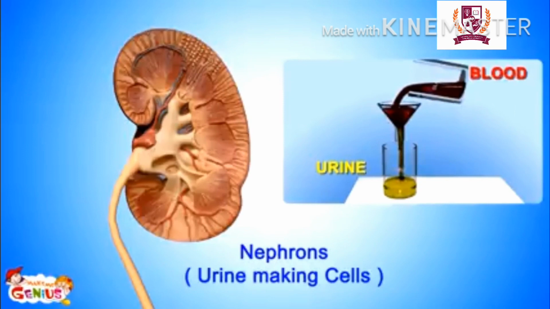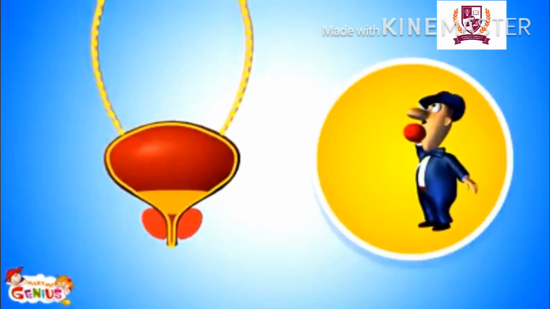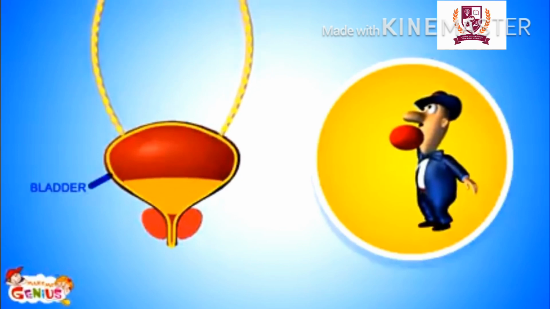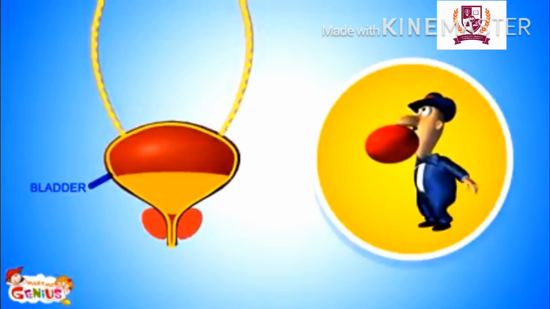The urine, thus formed from each nephron, collectively enters the ureter from the kidney. The ureter leads to a balloon-like structure called the urinary bladder, where the urine is stored for some time and it is then passed out through the opening called urethra.